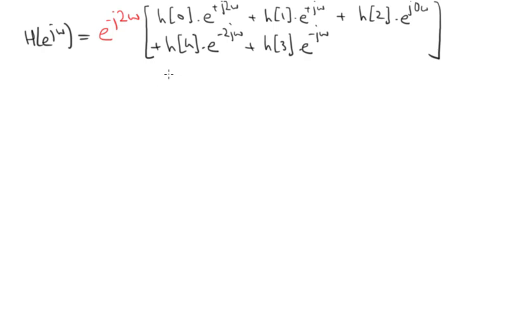So again, due to symmetry that I have just shown you, h of 0 is equal to h of 4. Similarly, h of 1 is equal to h of 3.